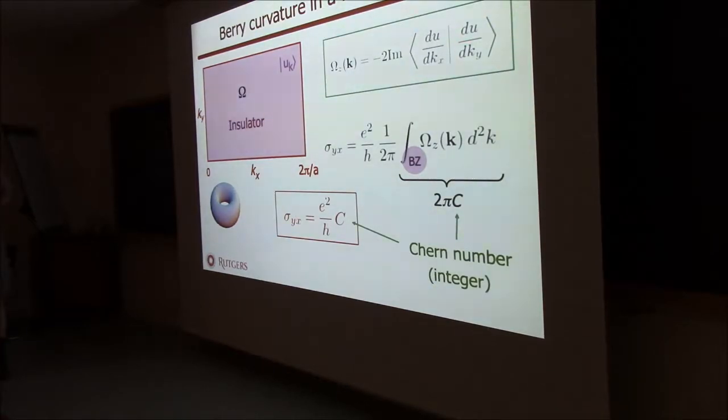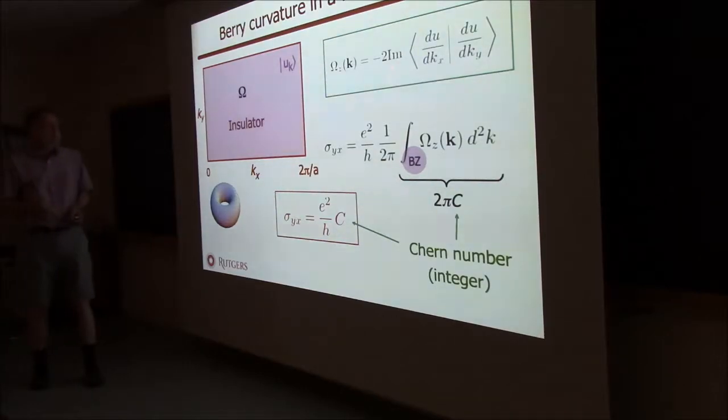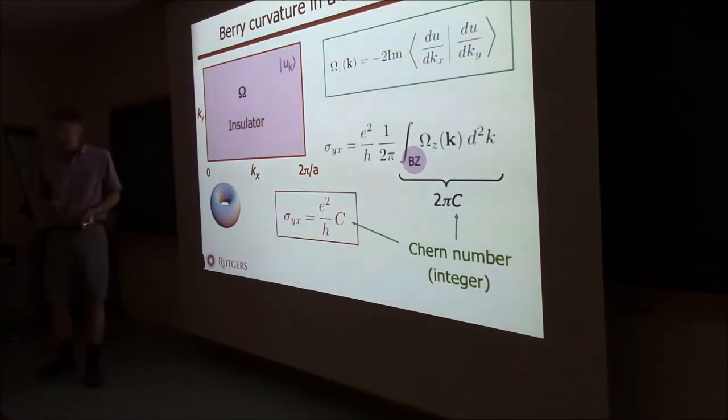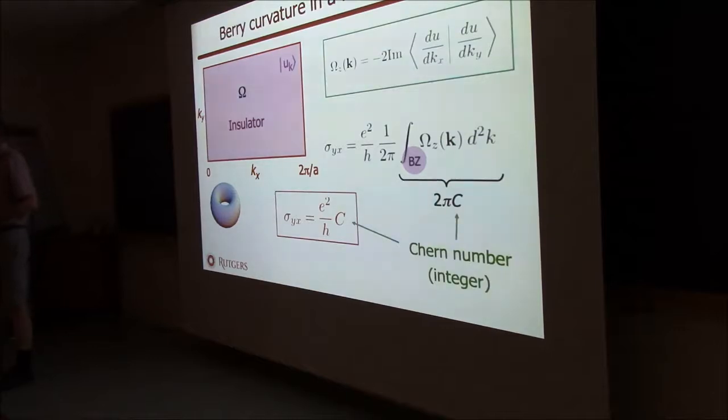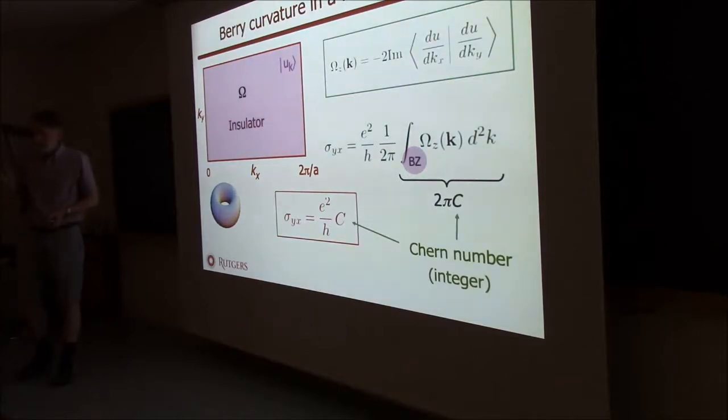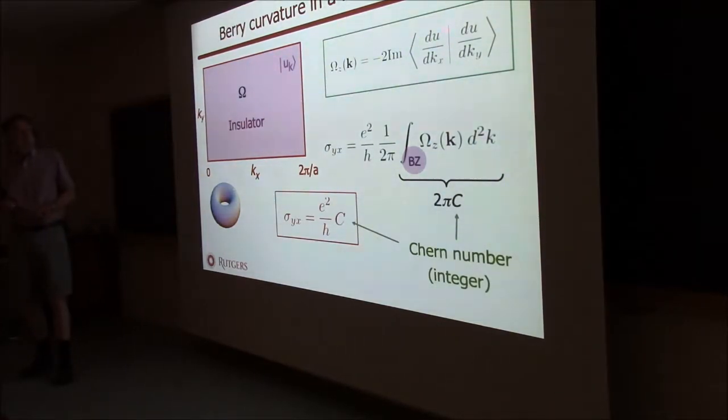Usually I'm assuming that these wave functions are the ground states of some Hamiltonian, but the properties that I've been writing down, like the electric polarization, the Berry curvature, the anomalous Hall conductivity, only depend upon the wave functions themselves directly, and you don't have to know about the Hamiltonian that gave rise to them. We sometimes call these geometric quantities for reasons that maybe are a little obscure to you.